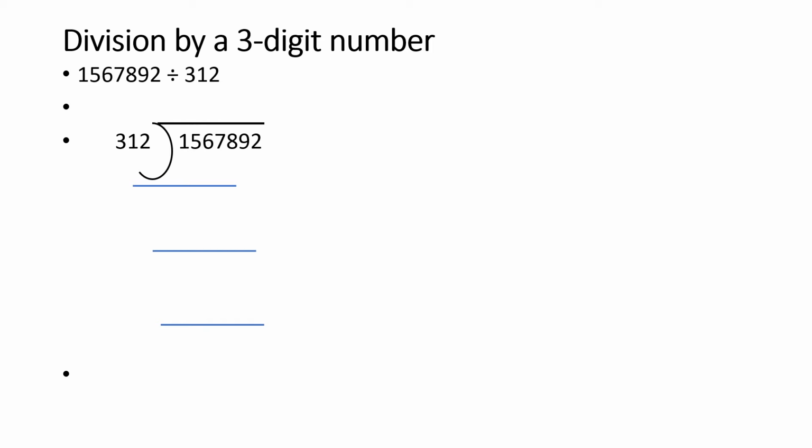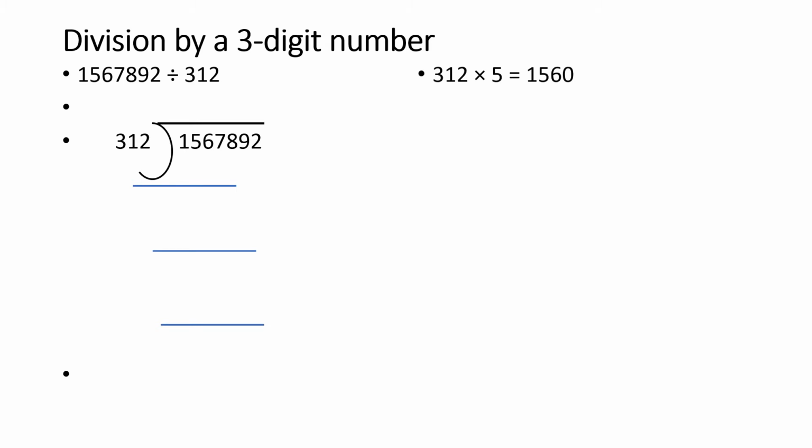312. Let us assume it is 300. Now, how many 300s can be fit in 1567? Yes, 300 fives are equal to 1500. So let us see 312 fives are.